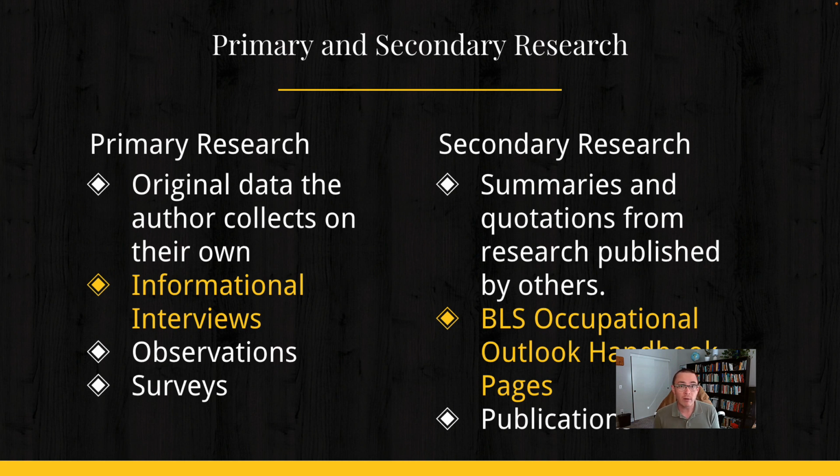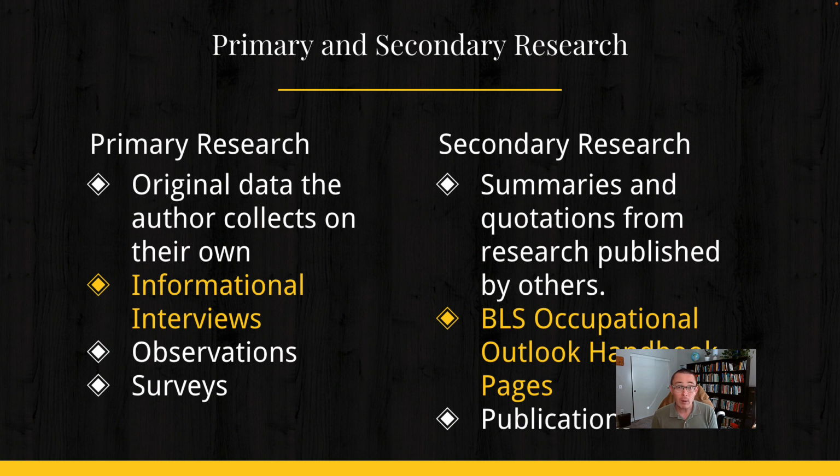Often, this will involve reading and making summaries or using quotations of the findings that other scholars have developed. And then in this video, we'll look specifically at the Bureau of Labor Statistics Occupational Outlook Handbook as a specific secondary resource that you might consider using.